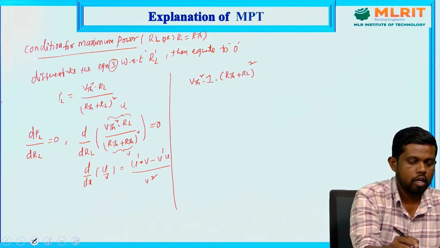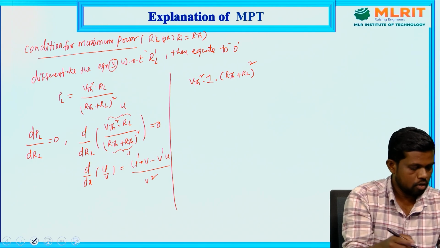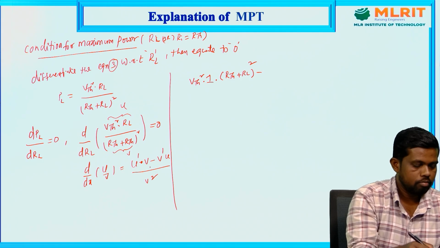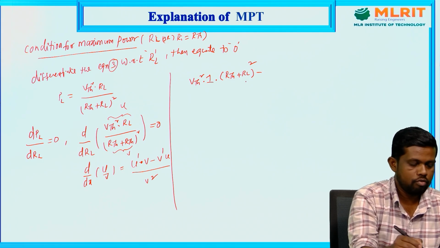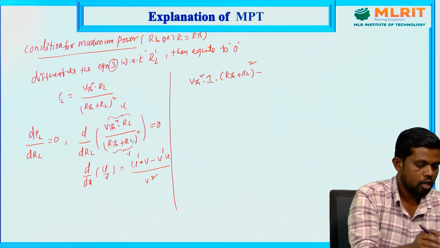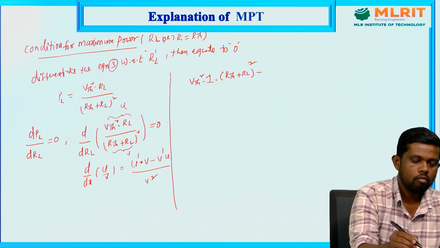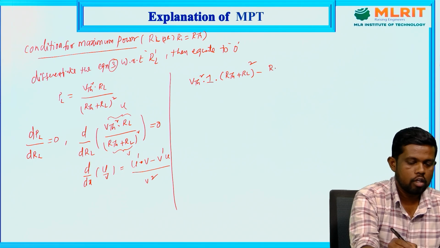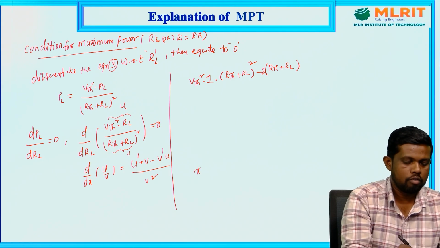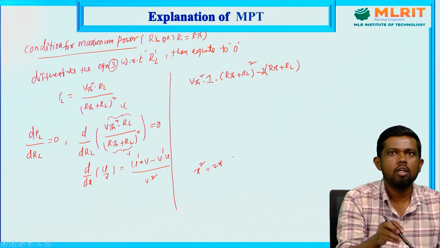So minus, according to the formula we need to keep a minus here. Then we need to do the differentiation of (RTH plus RL) whole square. Differentiation of x square gives 2x, so similarly we will get 2 times (RTH plus RL).